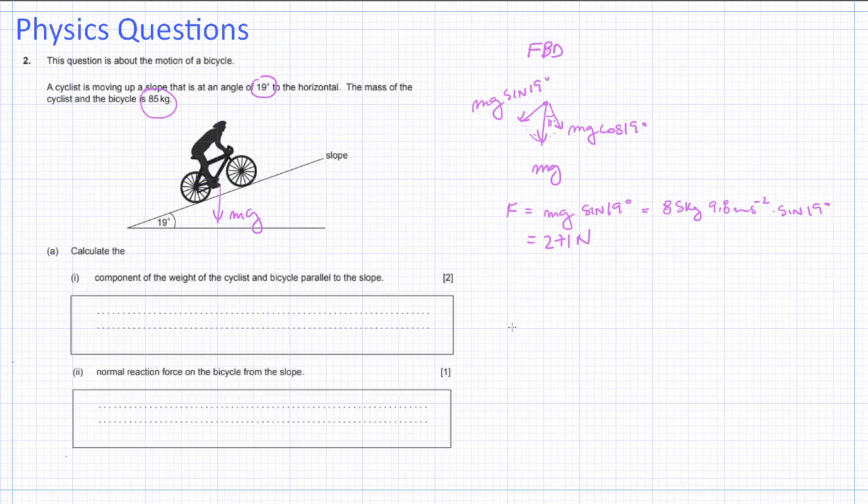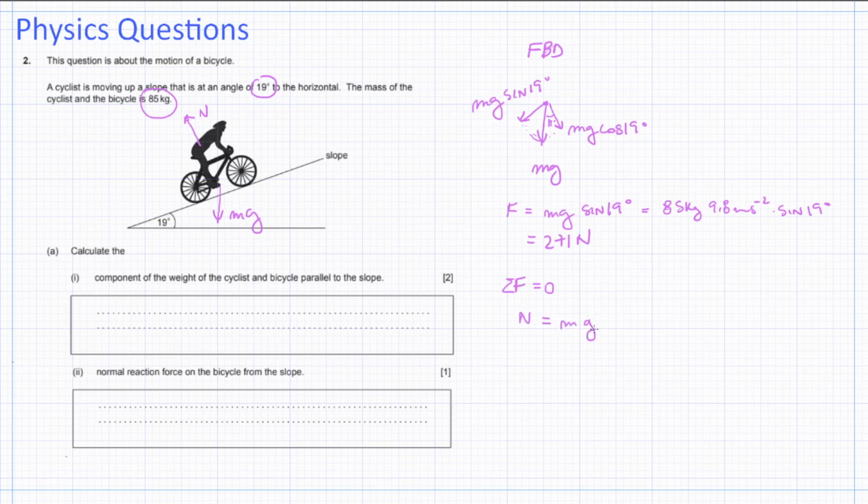So the follow-up asks us about the normal reaction force on the bicycle from the slope. So now we're looking at the normal reaction. It's the force which is perpendicular to the slope and is preventing this cyclist from going through the floor. Since the sum of the forces in this direction has to be 0, my normal force has to be equal to the component of my weight.